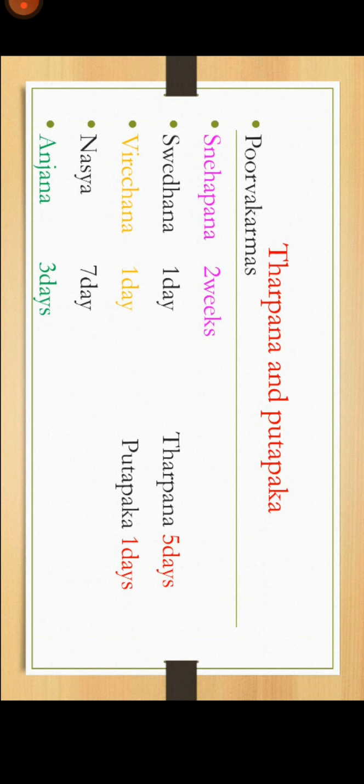After 2 weeks we can do Swedana by Ushma Sweda, or even a hot water bath, especially for children. The next day we can do Virechana, and after that Nasya, then Anjana, then we can do Tarpana and Putapaka.